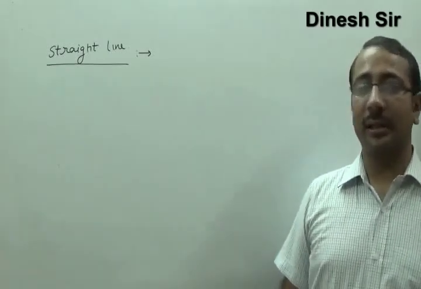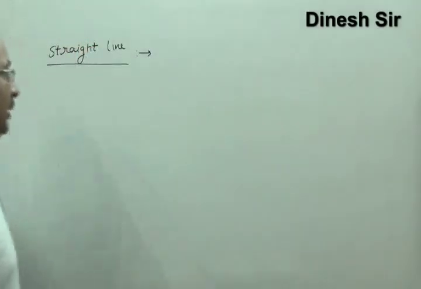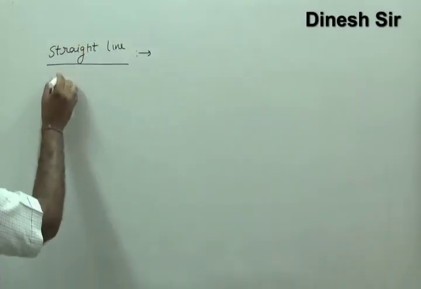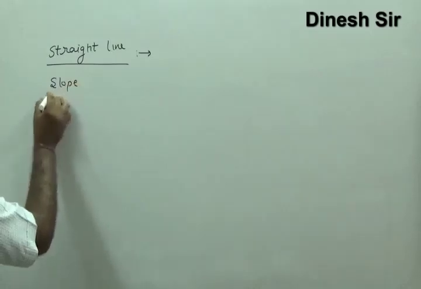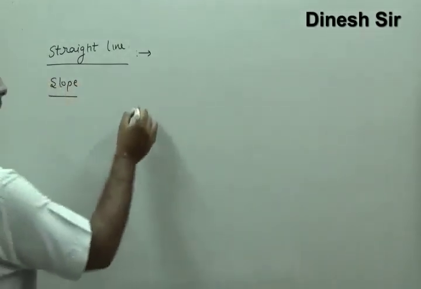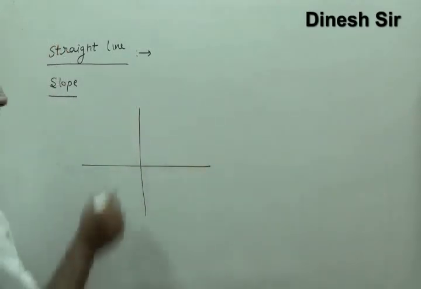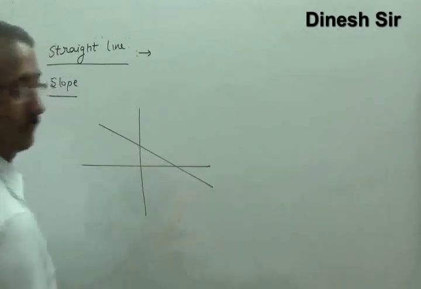Before trying to understand the straight line, one thing we have to understand is the concept of slope. We use the term slope in the straight line, right? What do you mean by slope? Suppose this is the coordinate axes, x-axis and y-axis, and one line is there.